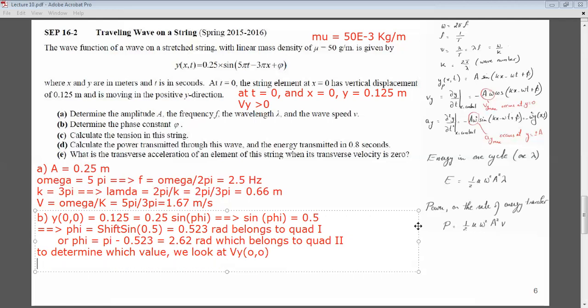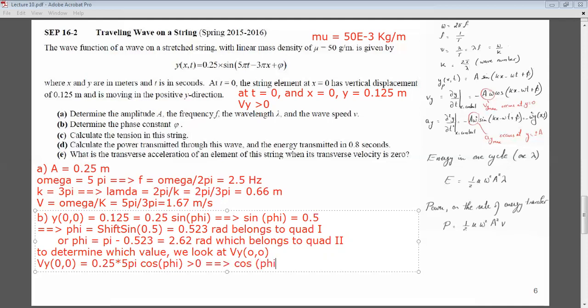I take the first derivative with respect to time. So Vy of 0, 0 is equal to 0.25 times 5 pi cosine of phi, and they said that it is in the positive y direction, so this is positive.